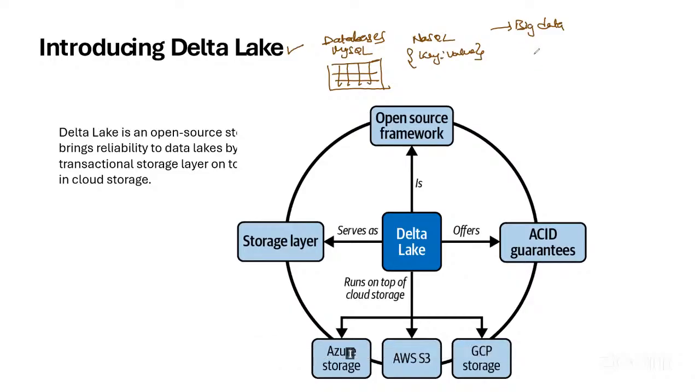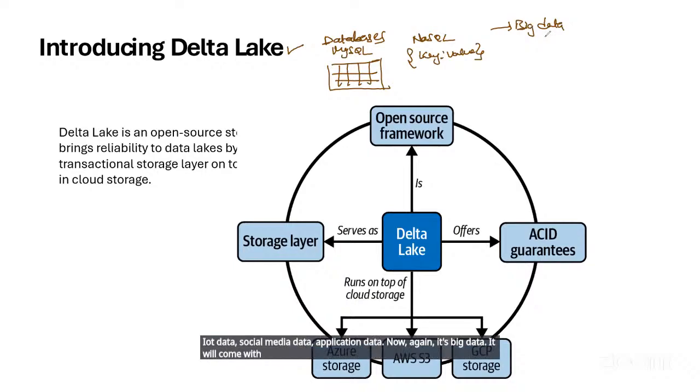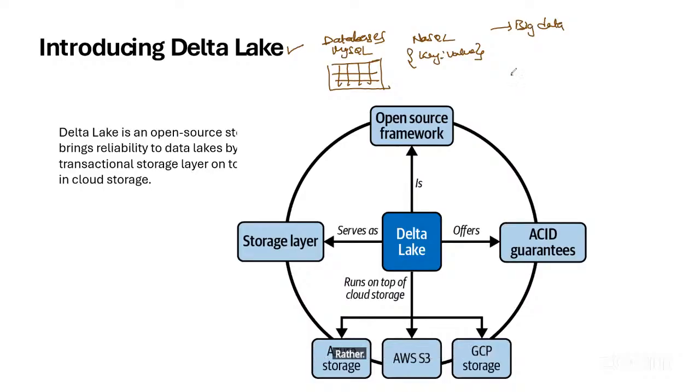IoT data, social media data, application data. Now again, it's big data. It will come with high volume and velocity. We cannot spend our time arranging this data in tables directly. Rather, data engineers choose to save this data in object stores and data lakes.